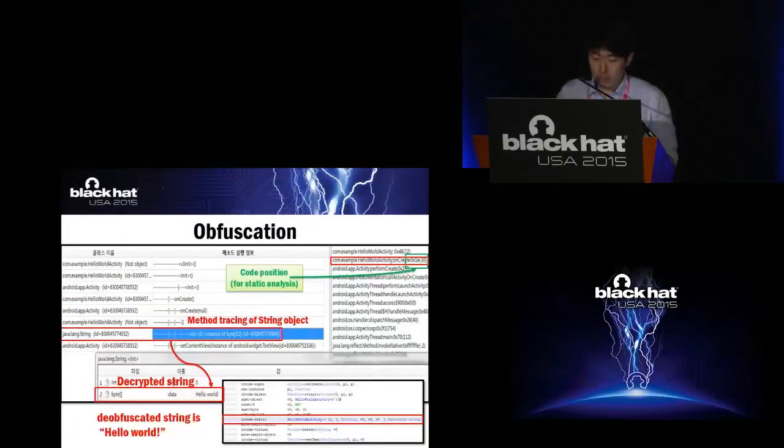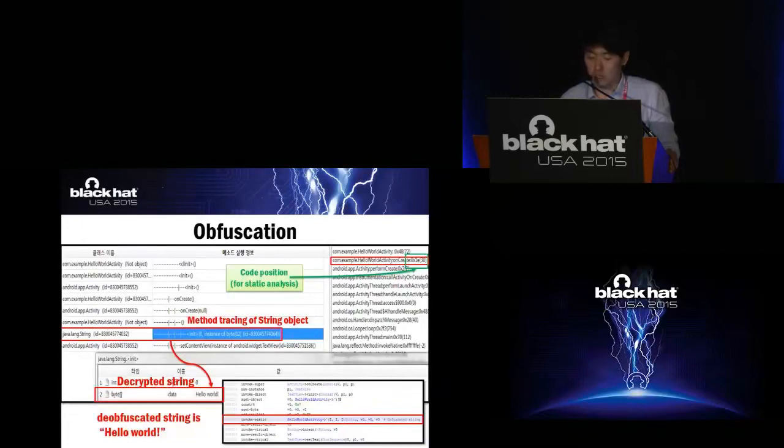Now, again, let me analyze the string encryption example with flow-centric analysis. Generally, obfuscation techniques are solved by dynamic analysis. In our approach, the string obfuscation is solved by tracking string objects. A combination of tracking creation of string objects and code stack analysis can help static analysis, because we can see where the string decryption method is invoked by analyzing the code stack.